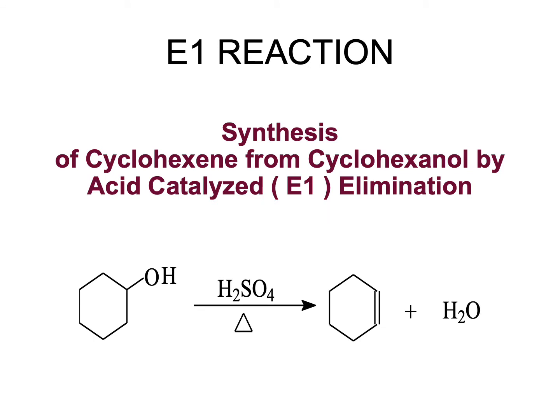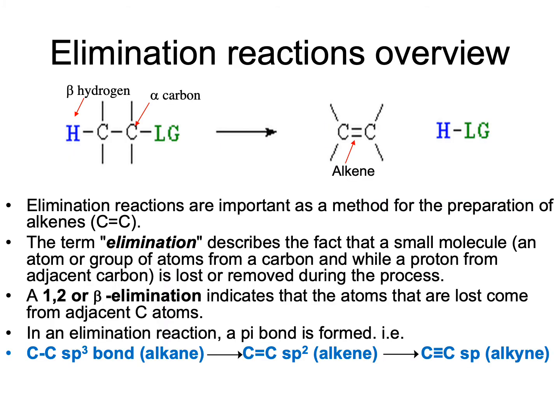So in this process, as you may know, we are going to remove the OH and make a double bond. As you see, we have two carbons, alpha carbon and beta carbon.